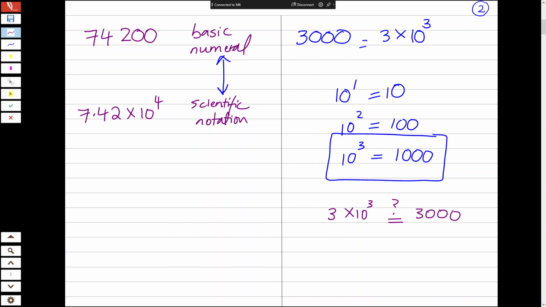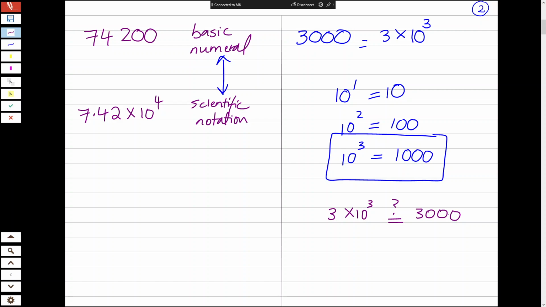What do you think, Mia? You think so? Why do you think so now? Before you were unsure, now you seem to have changed your mind. So what's changed now? Talia, do you still think it's 3,000? Okay. So why?